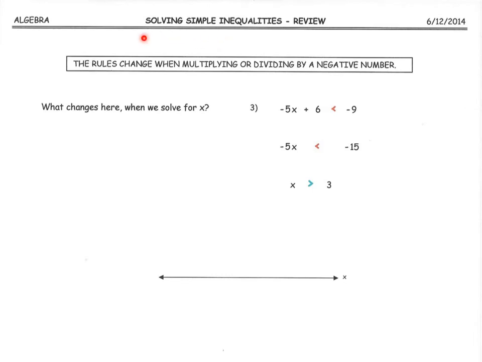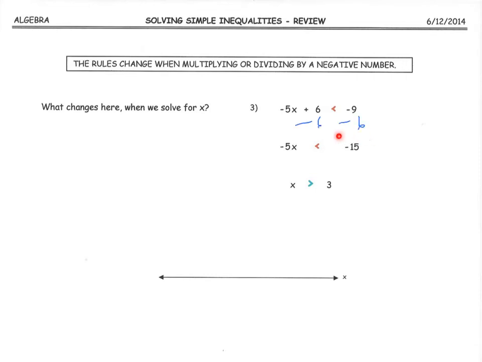The rules for solving inequalities do change when you multiply or divide by a negative number. Let's see what changes here when we solve for x. Now there's a negative sign in front of the 5 attached to the x. So as we isolate the negative 5x portion of our inequality, we have to subtract the 6.